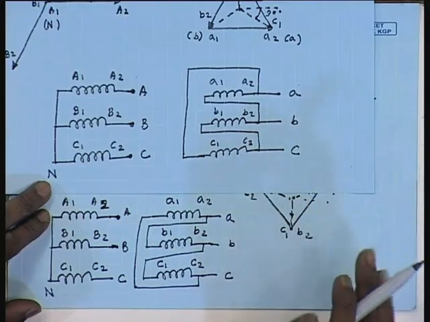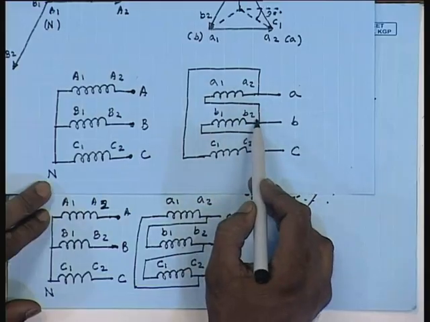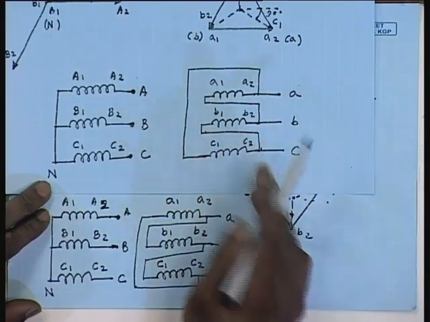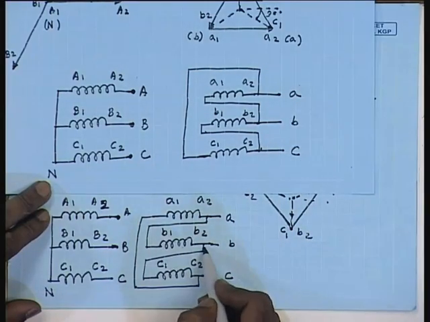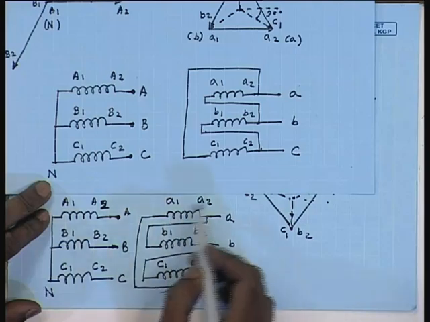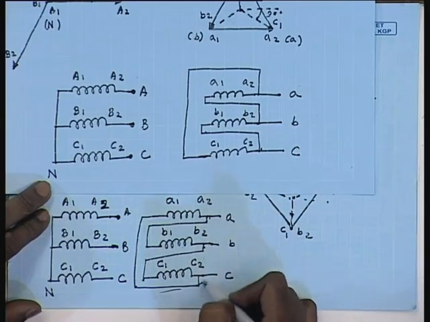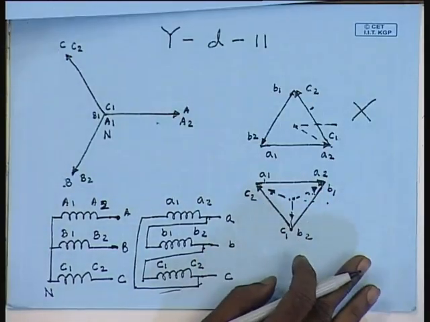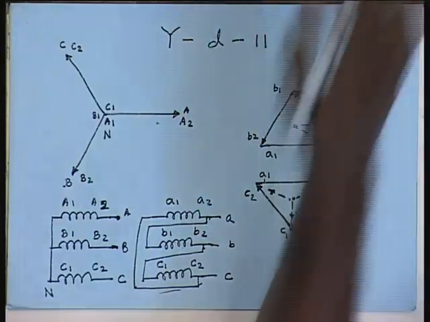On the low voltage side, while in this case A1 was connected to B2, B1 was connected to C2 and C1 was connected to A2, here it has been reversed. Here A2 is connected to B1, B2 is connected to C1 and C2 is connected to A1, but in both cases the lines are obtained from the terminals A2, B2, C2. So, this is the difference between YD1 and YD11 connections.